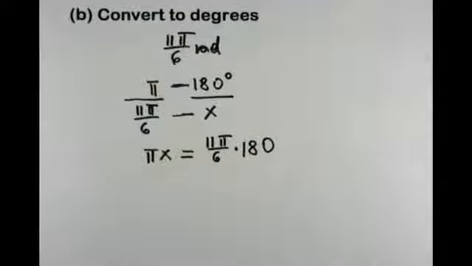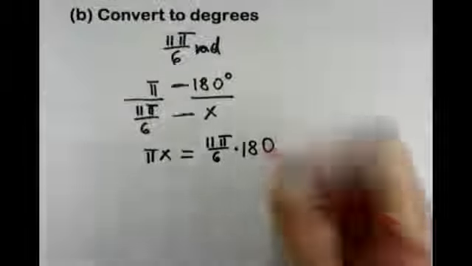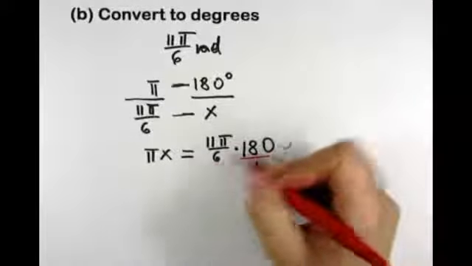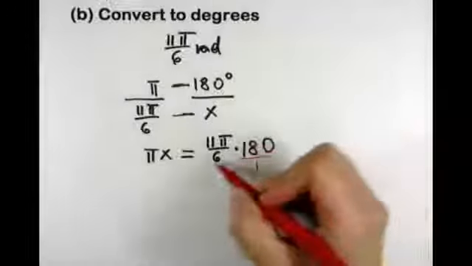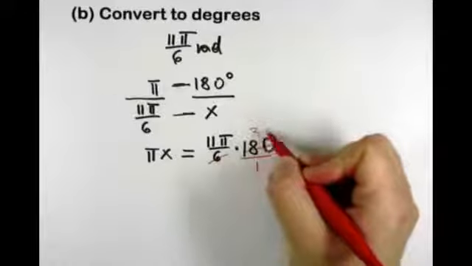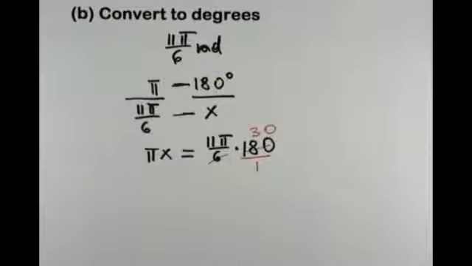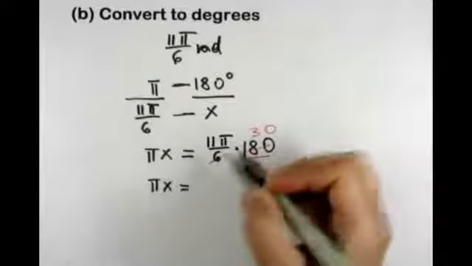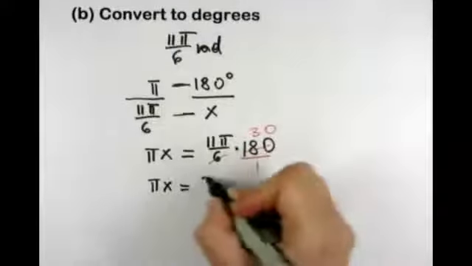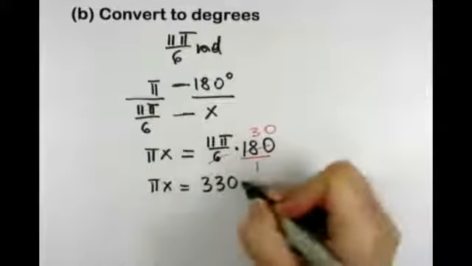You can go with degrees and cancel the radians later on, or we can just go with numbers. 180 is like over 1. We can divide them. So 6 and 180 can be reduced to 30. So now what we have is pi x is equal to 11 pi times 30, which is 330 pi.